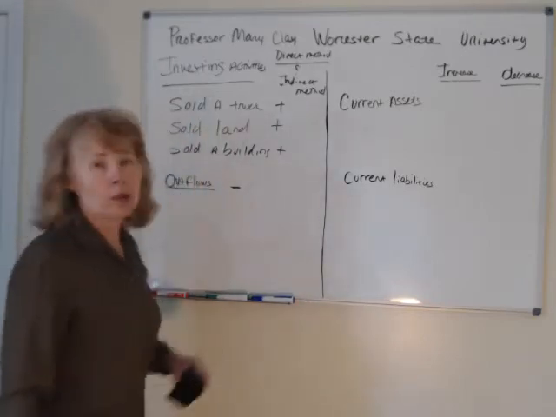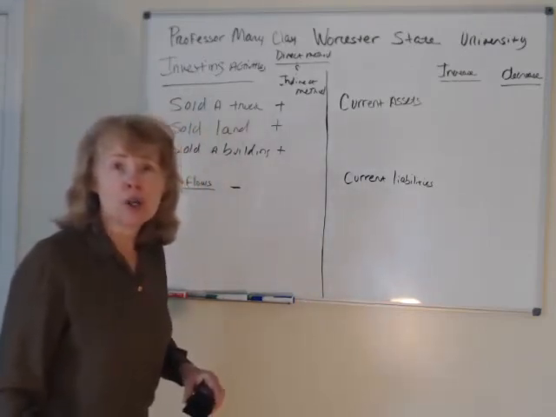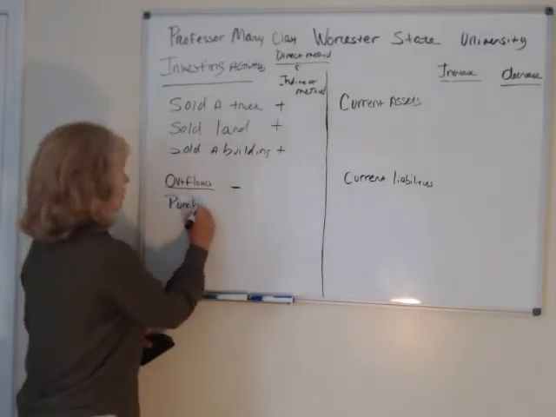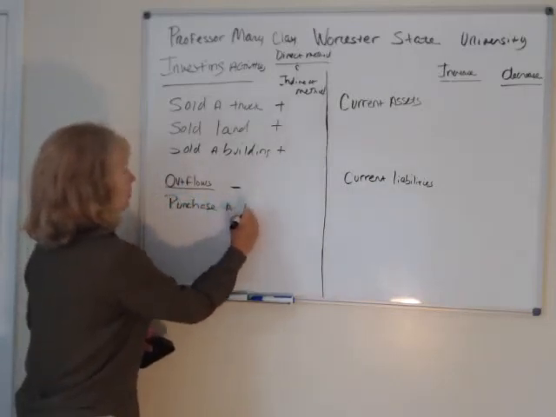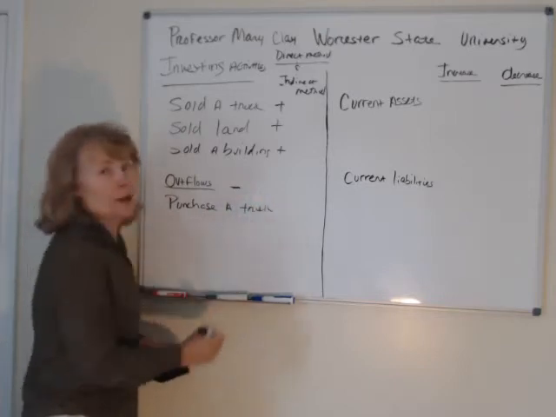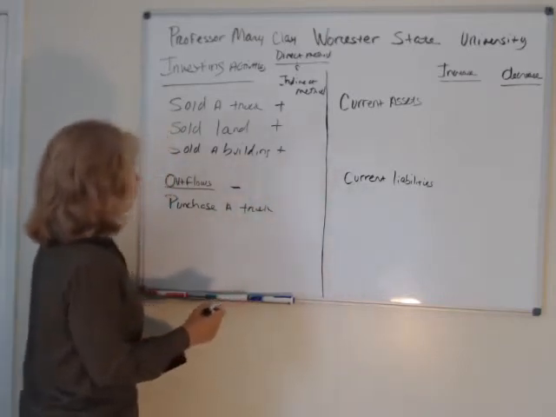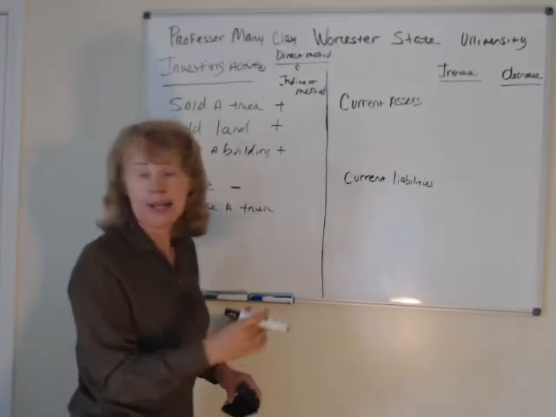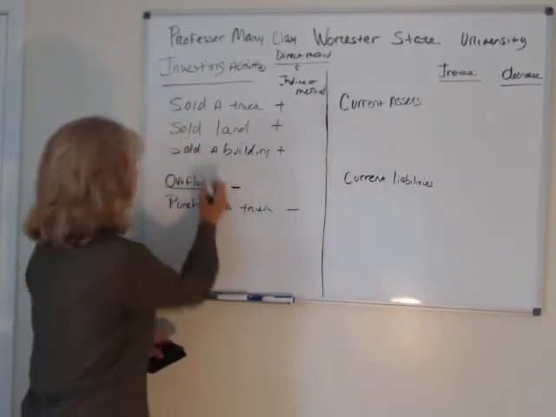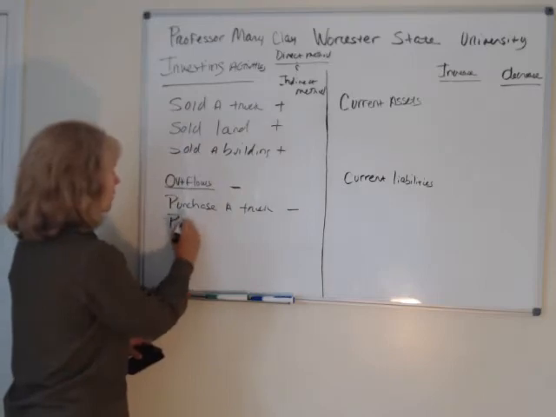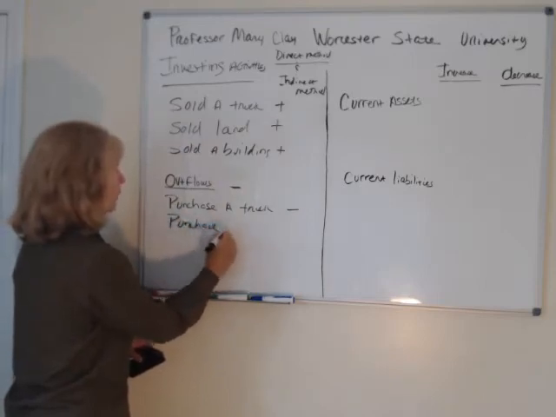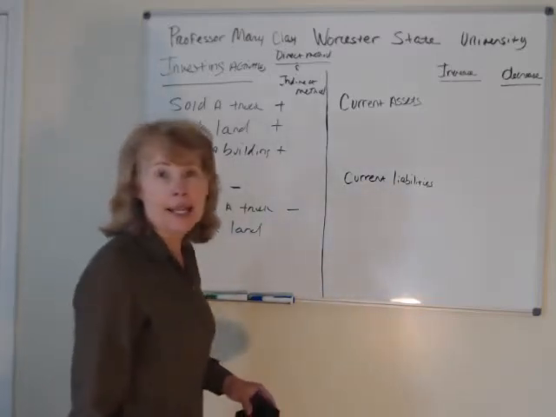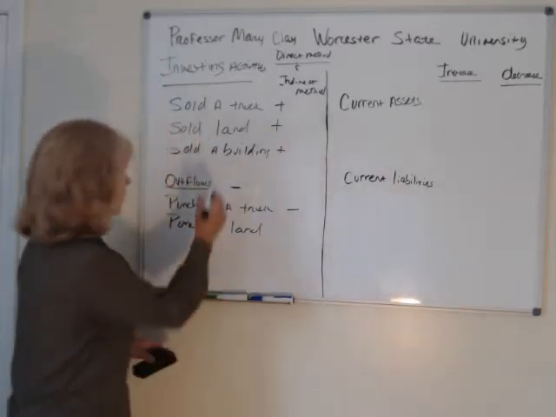Okay, outflows. Outflows, I'm just going to work right from here. So outflows, you purchase a truck. What happened? You purchase a truck, so you debit truck and credit cash. That's a minus. Purchase land: debit land, credit cash.